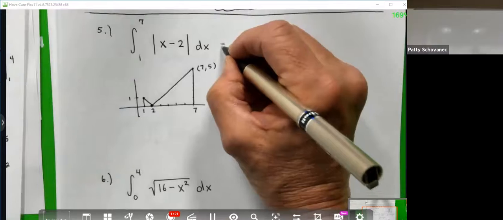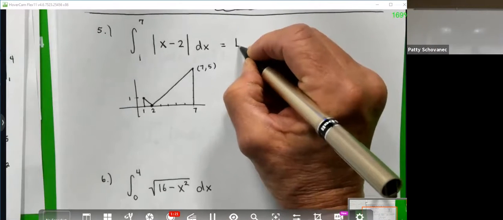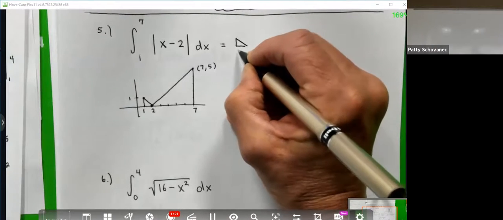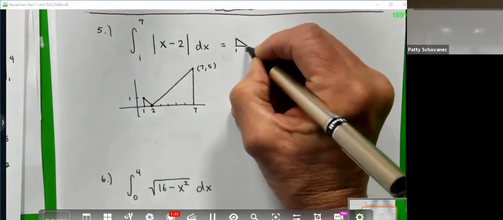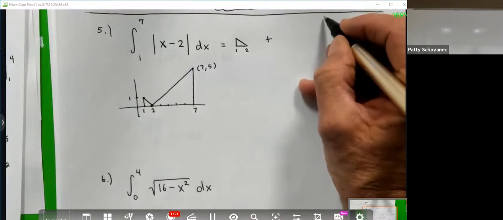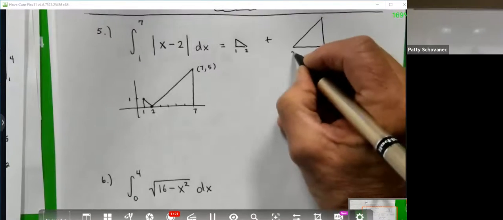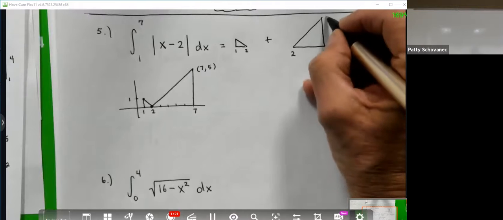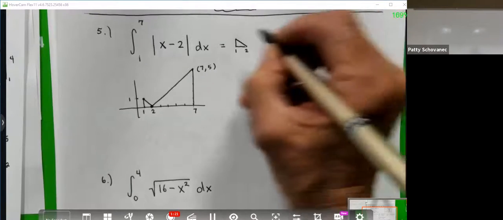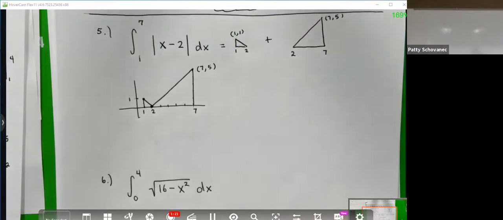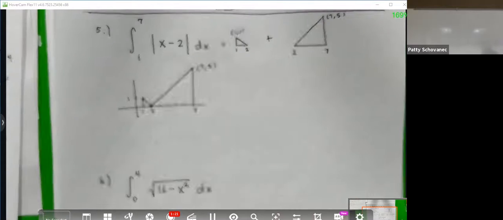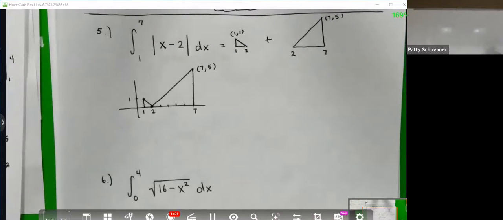So here I can write this as the area of this triangle added to the area of this triangle. The area of each triangle is 1/2 base times height.